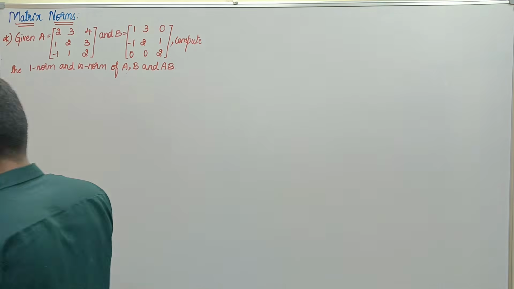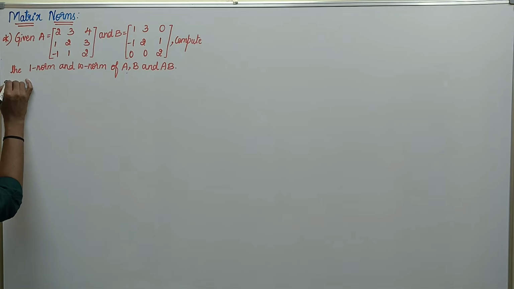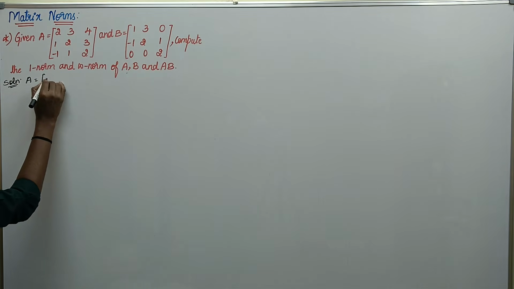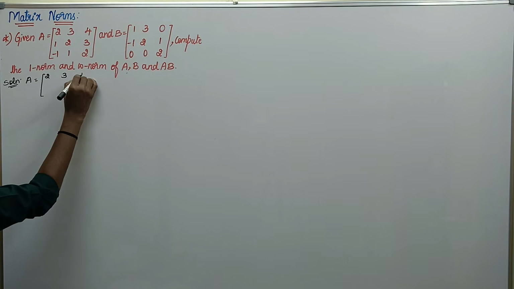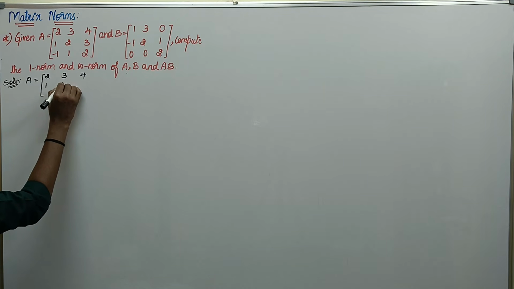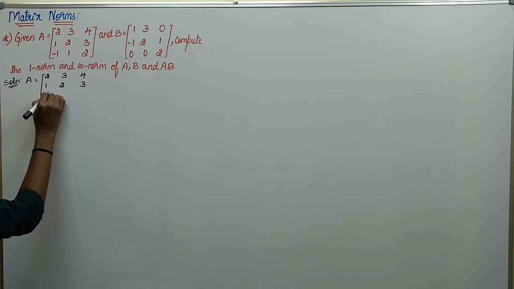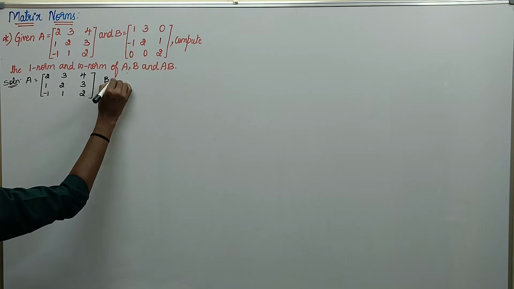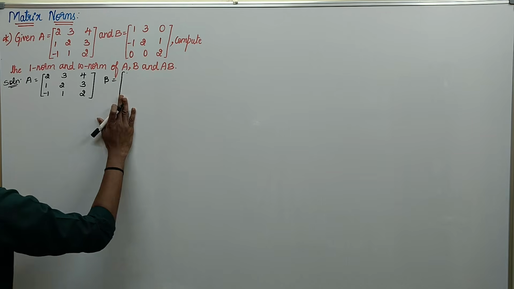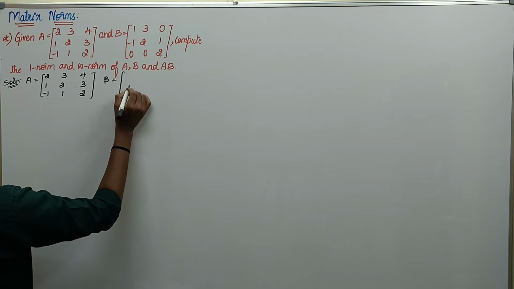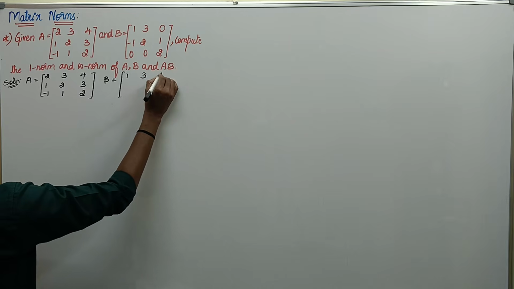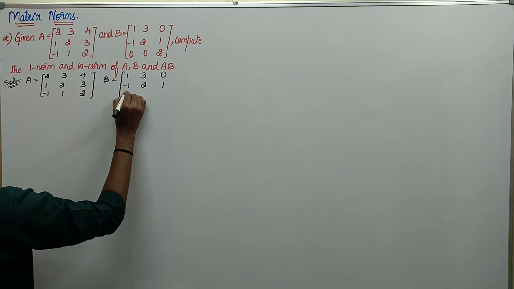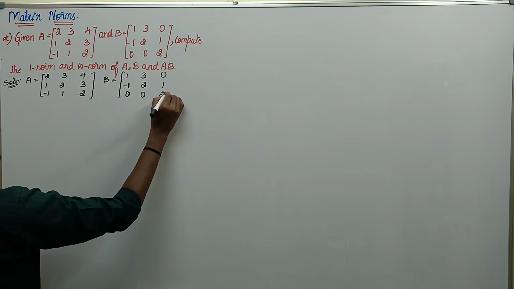First, let us represent the given solution. A is equal to the matrix 2, 3, 4, 1, 2, 3, minus 1, 1, 2, and B is equal to 1, 3, 0, minus 1, 2, 1, 0, 0, 2.